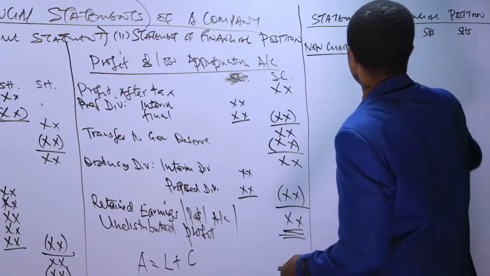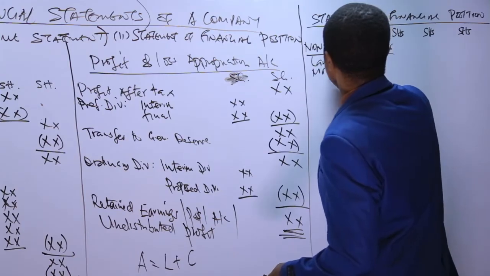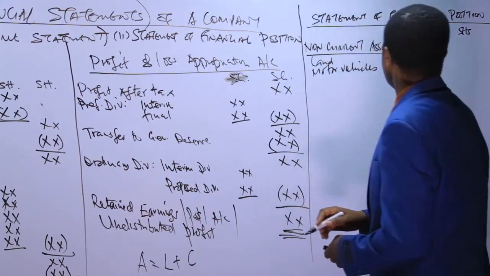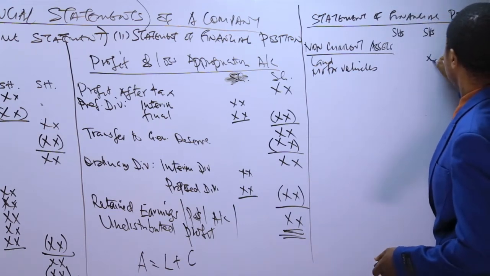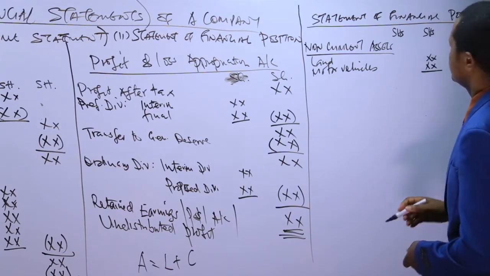The non-current assets like land, motor vehicles, okay, land, motor vehicles, total.